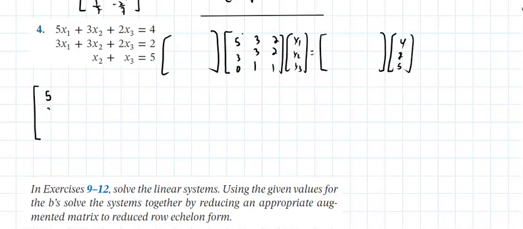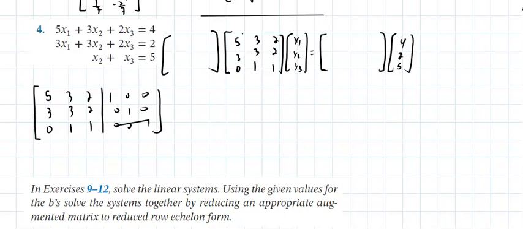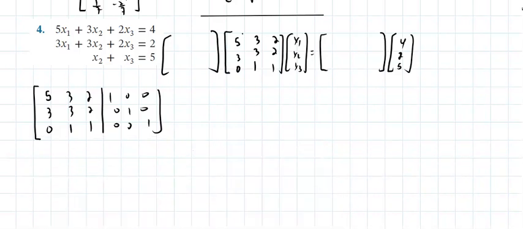This is 5, 3, 0, 3, 3, 1, 2, 2, 1. And if I want to find the identity, there's only one way of doing that. So first things first, I'm going to multiply row 1 by 3, row 2 by 5, make one of them negative, put the result in row 2.